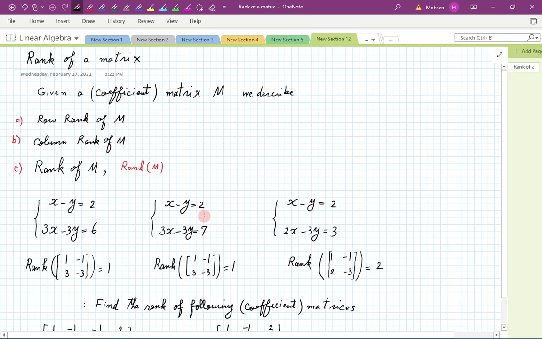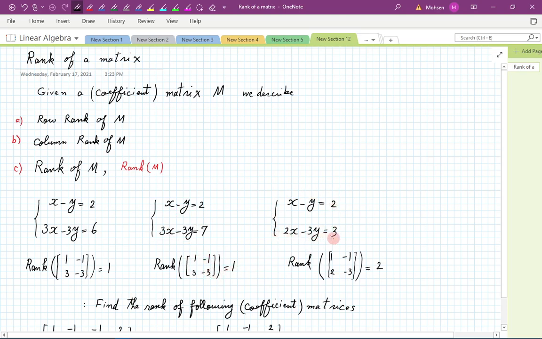It doesn't have any solutions. The rank still refers to the coefficient matrix on the left hand side. In some sense, you can say if I remove all the contradictory equations, how many will be left? Well, there's just going to be one equation left, either that or this one. So the rank of this coefficient matrix is also 1.